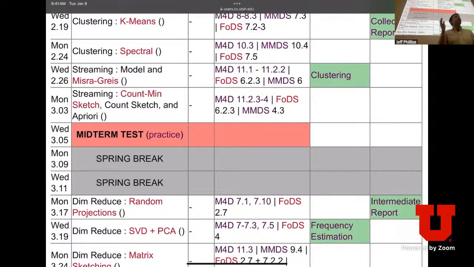Hopefully the homeworks mostly have not been too time consuming. How do you think this class compares to other classes at this level? Are the homeworks more time consuming or less time consuming? Okay, who thinks more time consuming? Who thinks less? Okay. Hopefully you still feel you're learning something from them?